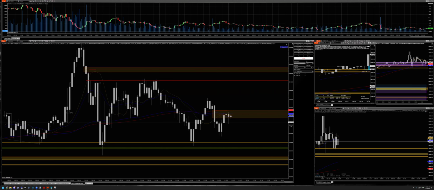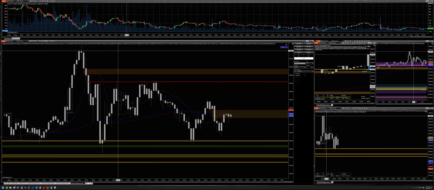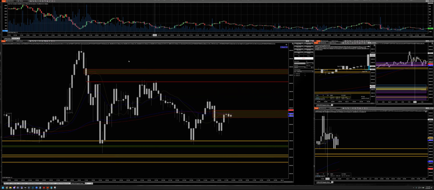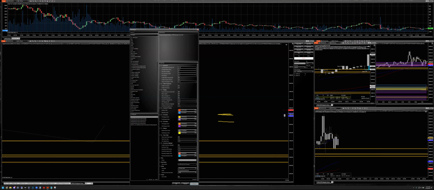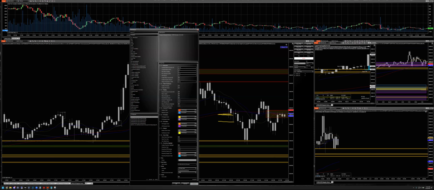Let me fix this because I think I changed something. See, so these dojis right here are over under level. Boom. And remember, we got this imbalance that just filled. You guys saw it fill live. As soon as it hit that imbalance, that body, it filled.